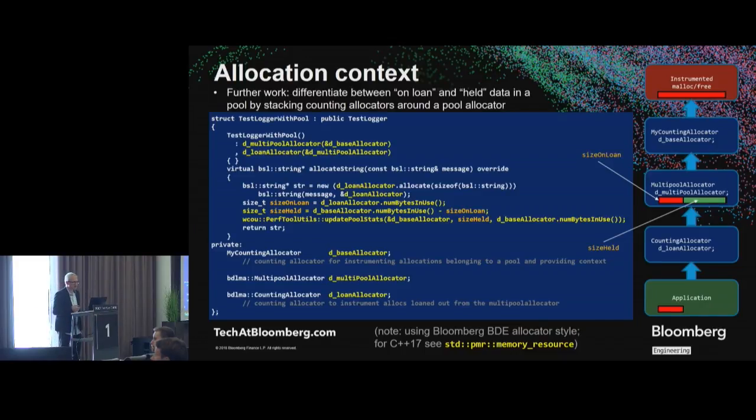We can actually do this using a series of stacked allocators. Now, this is using the Bloomberg BDE style because that's what we use internally. Forgive me, you could absolutely replace this with the standard PMR memory resource that's in C++17.